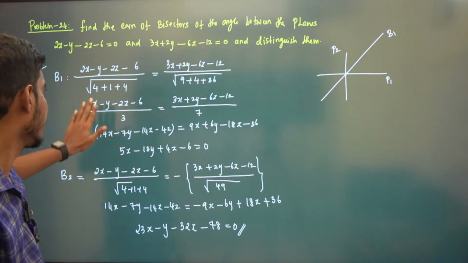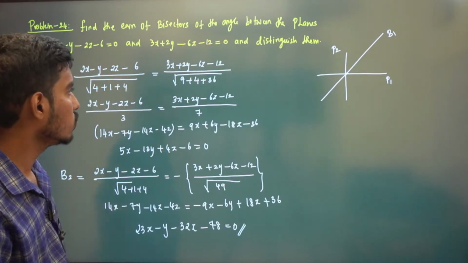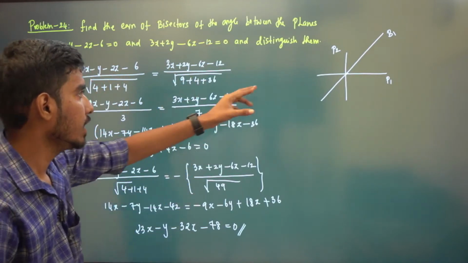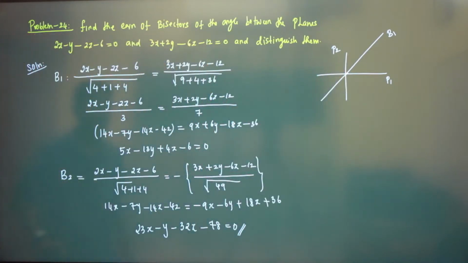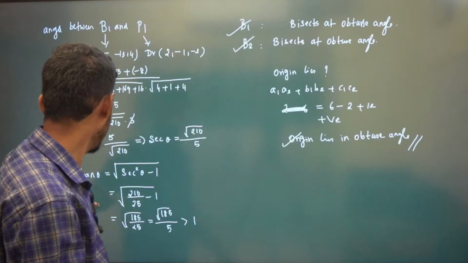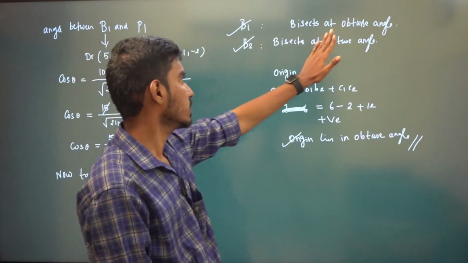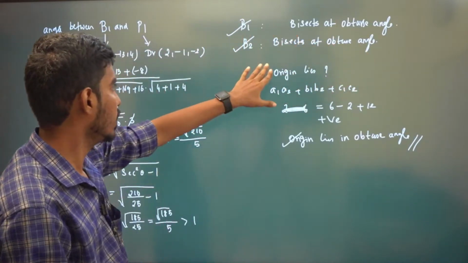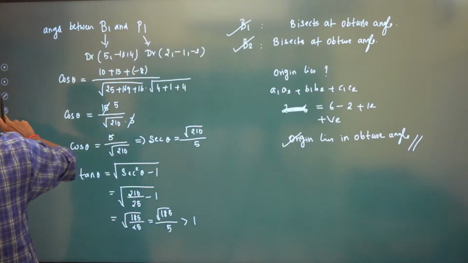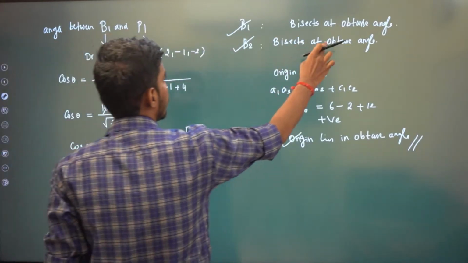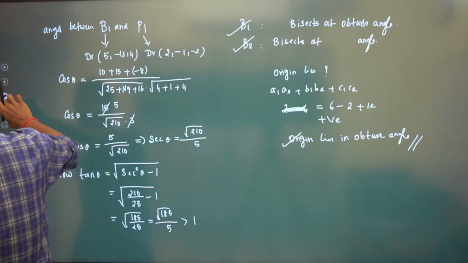This is the procedure. You find B1 and B2, which is very easy, and find angle between B1 and P1. If one is acute, other is obtuse. If B1 turns out to be obtuse, you say B1 bisects obtuse angle, and B2 will bisect acute angle.